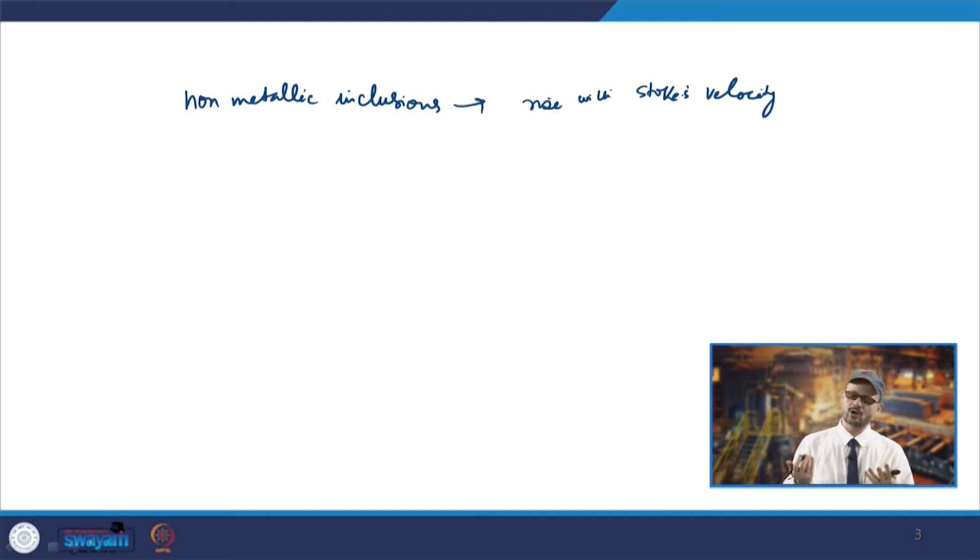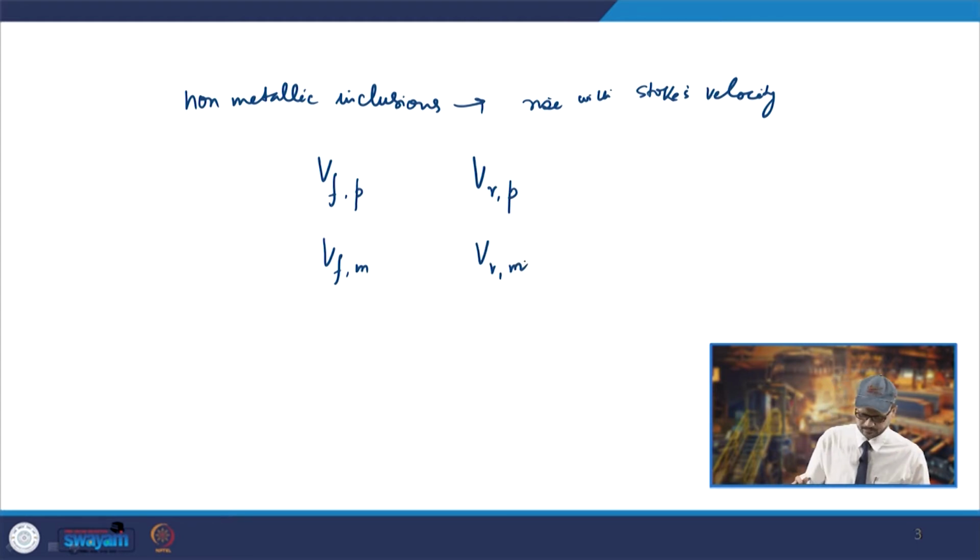If you talk about the velocity of the fluid in the prototype, we call it velocity of fluid in the prototype Tundish. Similarly, you will have the velocity of rise in the prototype Tundish. Similarly, velocity of fluid in the model, and velocity of rise in the model.